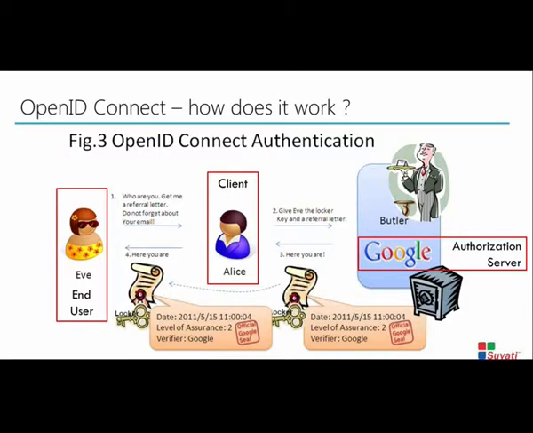So that is, maybe I won't say a drawback of the OAuth 2.0 framework, but this is something that the development team developing the client application needs to keep in mind.